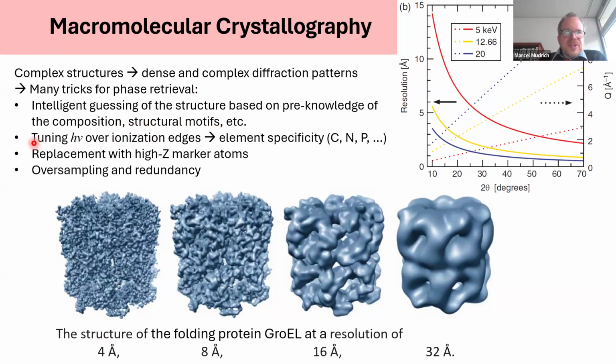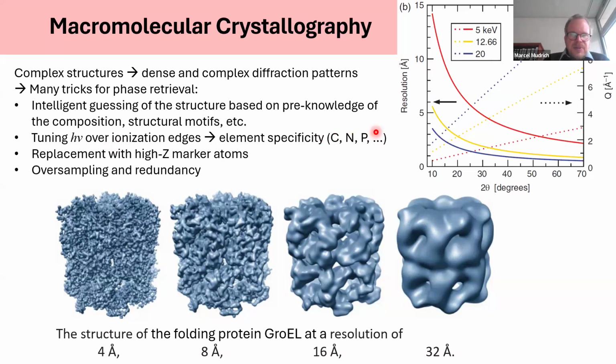What always helps is to tune the photon energy, in particular over specific ionization edges, like the carbon K edge, the nitrogen K edge, phosphorus edges, if there's any phosphorus in the protein, because close to the ionization edges the scattering amplitude of these specific elements would be enhanced.